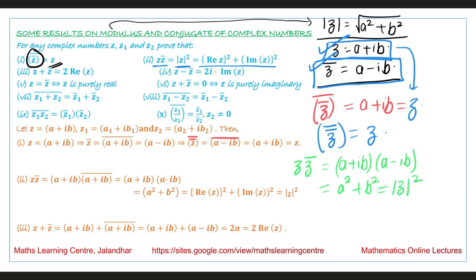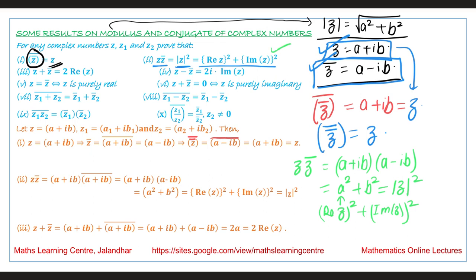This is the first part. And a square is the real part of z squared, and b square is the imaginary part of z squared, so a square plus b square is real part of z square plus imaginary part of z square. This is the proof of the second part.